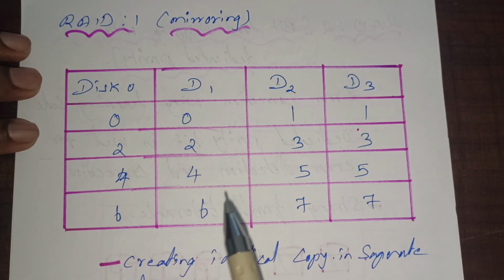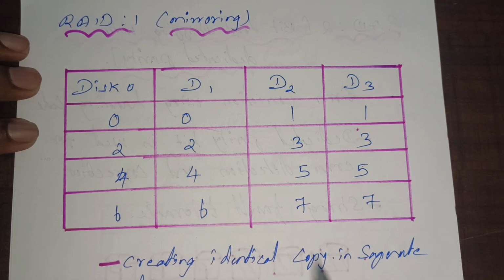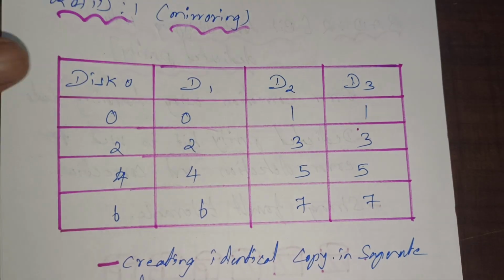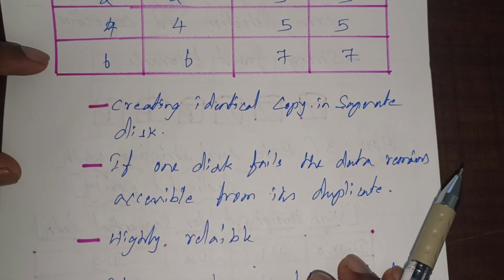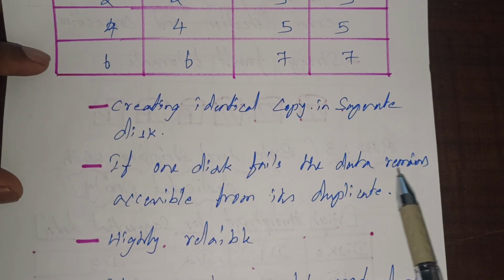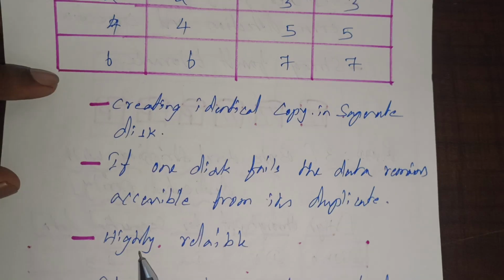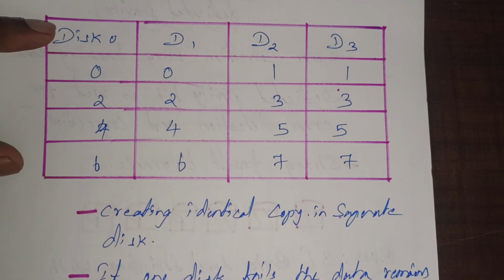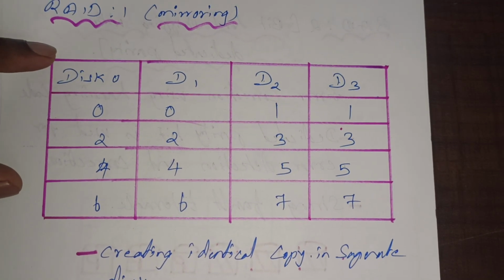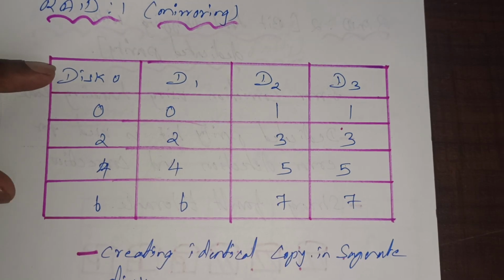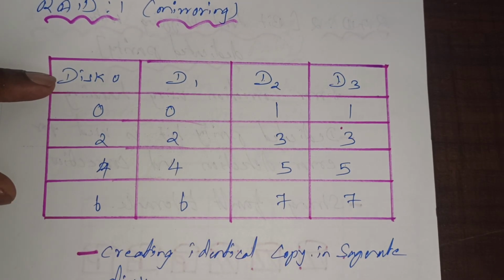Because it requires significant storage overhead. Here you can see the copy is available. If one disk fails, we can recover from the other one. This is highly reliable. Why? Because if you face any disk failure, this is going to play a very important role to recover the process.